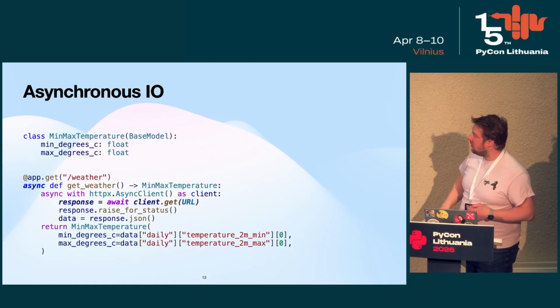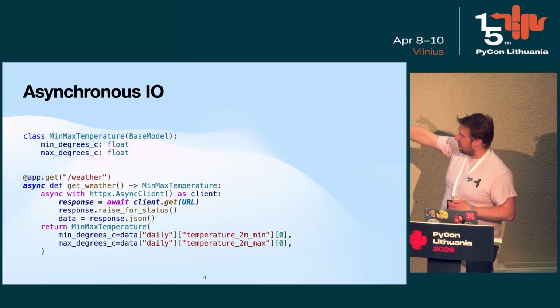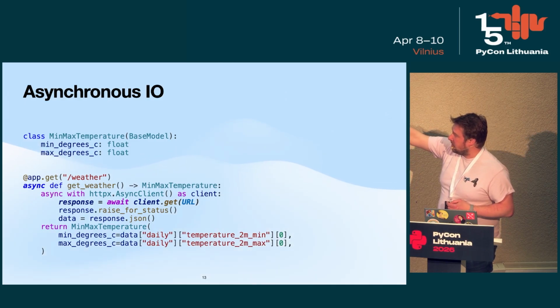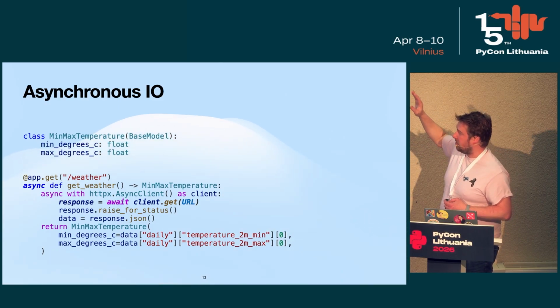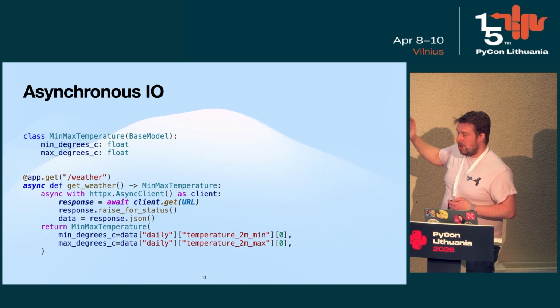other things. So if we have a look at an example here, this is using an asynchronous HTTP client to go off and get some information, and then it formats that and returns it. But you see where we've got the await, then that is where the event loop gets unblocked. All the time we're running other Python code, the event loop is actually blocked. And so we have to be a bit careful about not blocking that for too long.